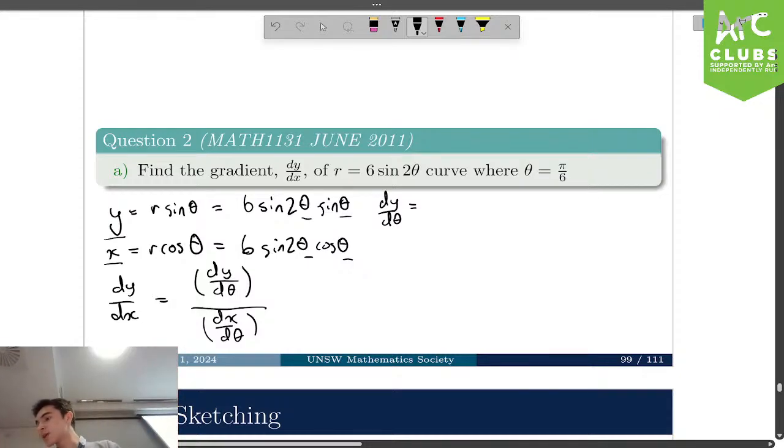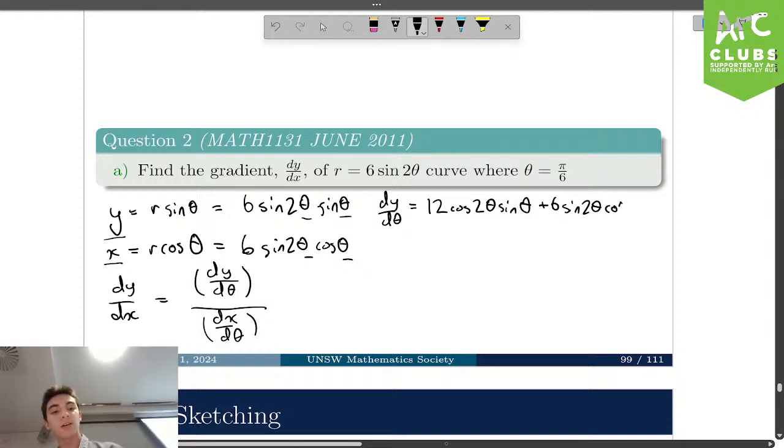So dy on d theta becomes 12 cosine 2 theta sine theta plus 6 sine 2 theta cos theta, which ends up being 15 on 2 at theta equals pi on 6. Okay, so at the point that we're interested in.